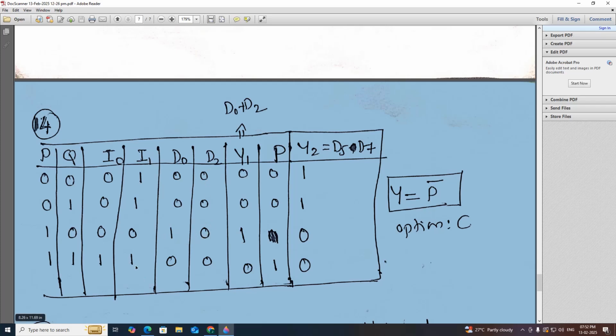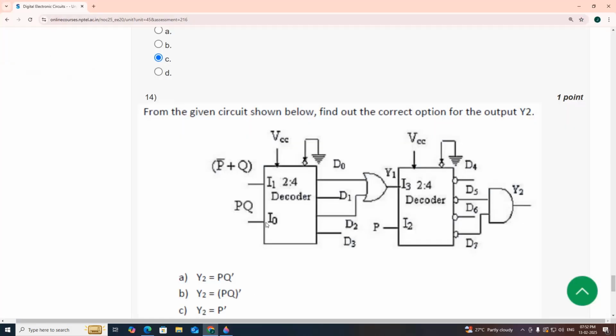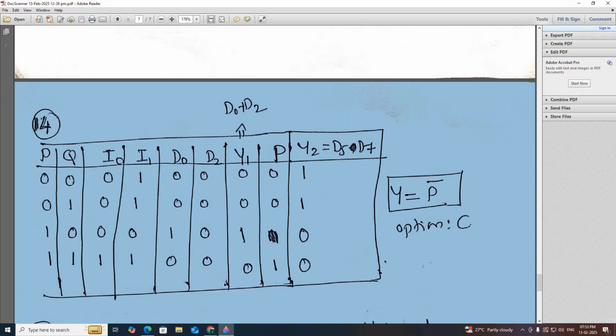Next, for the 1, 1 combination, if I0 equal to 1, I1 equal to 1, D3 is selected. You will get D3 equal to 1. All others are 0. Therefore, D0 equal to 0, D2 equal to 0.